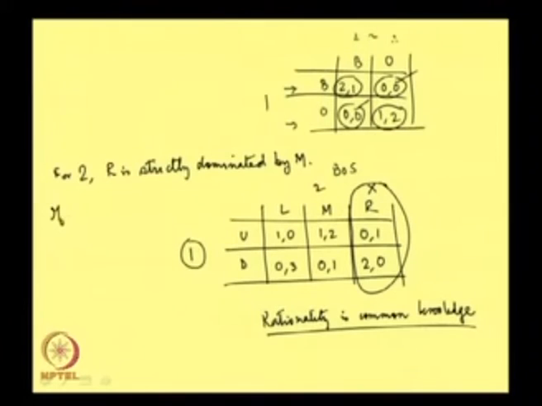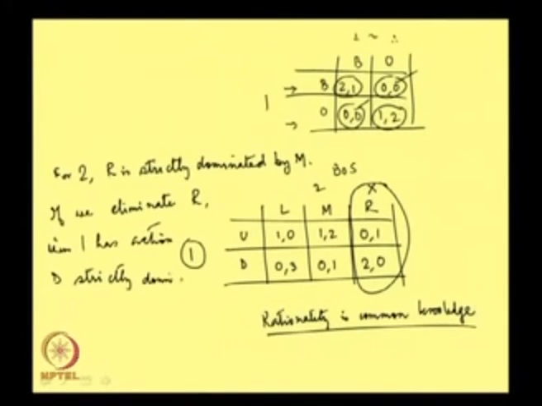So, if we eliminate R, then 1 has action D strictly dominated by U, because R is going out of consideration.